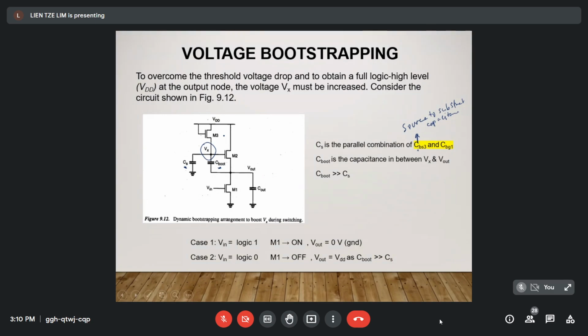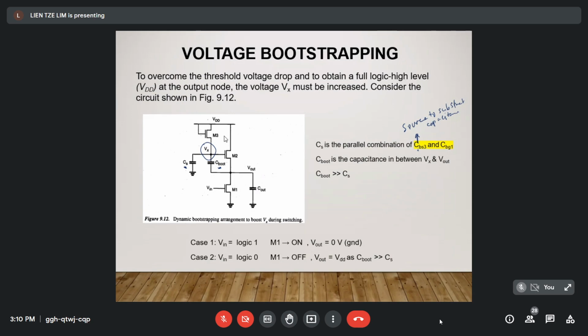Later on I will further mention the parasitic capacitance and the load capacitance. After the dynamic logic circuit, I will further mention capacitance and resistance, as well as the interconnect.